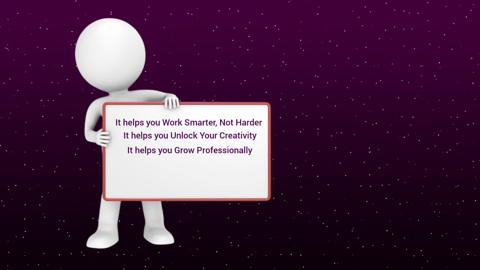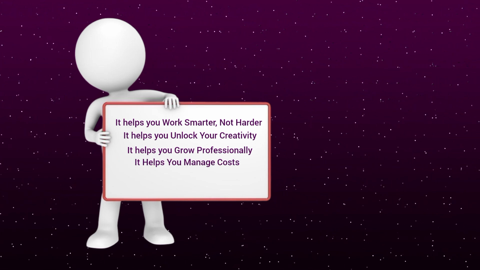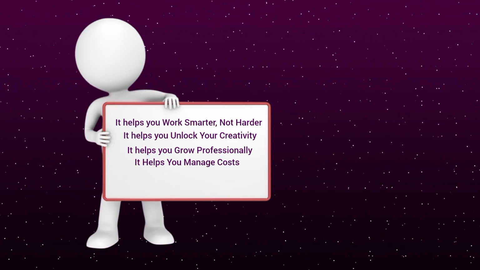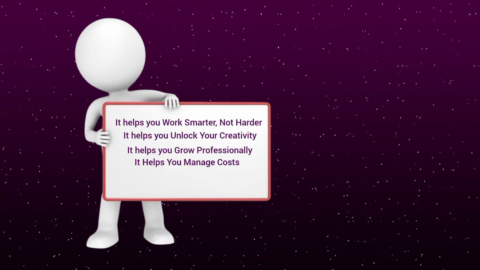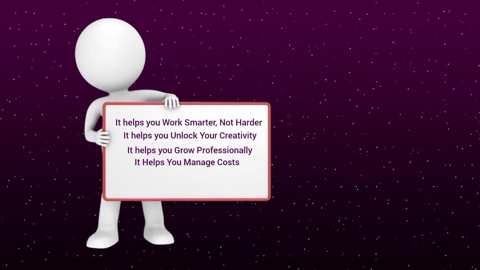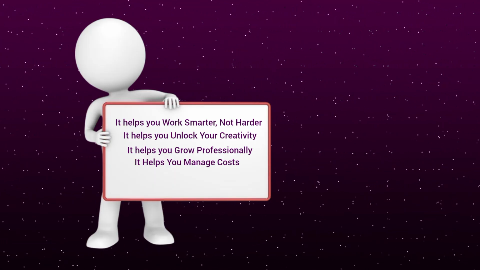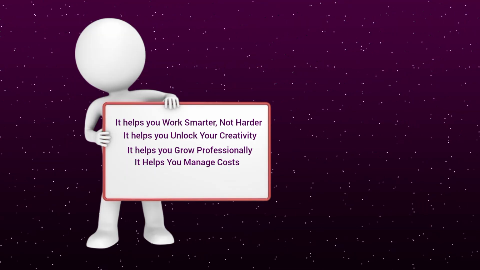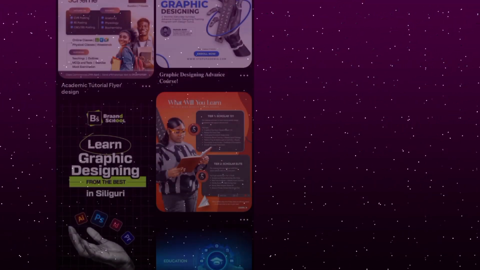At the fourth importance, it helps you manage cost. This is a strategic investment. Some resources are totally free and some require an investment. Knowing the difference helps you budget smartly. You don't need to spend thousands on dozens of individual courses. You can be strategic.